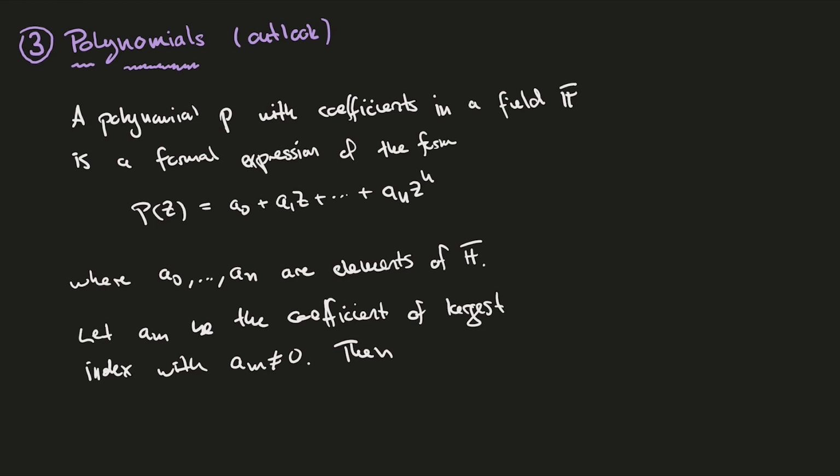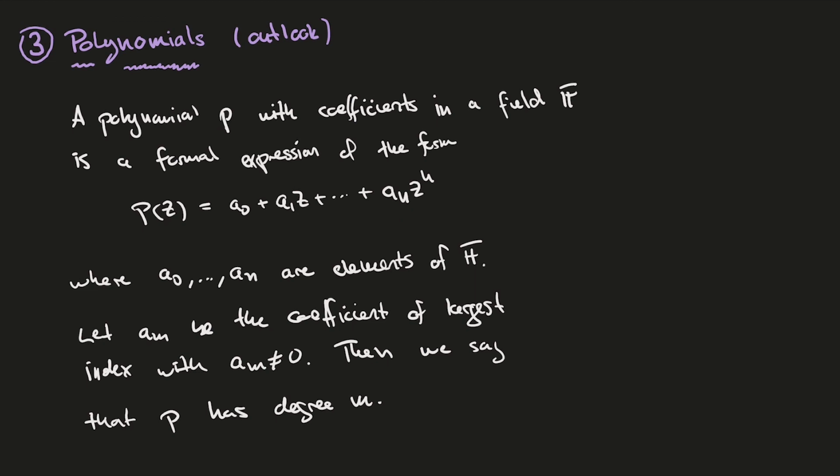Then we say that the polynomial P has degree m. So for example, if a_n were non-zero here, this polynomial P would have degree n.